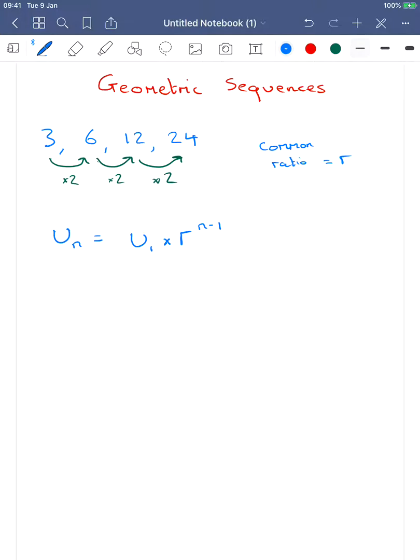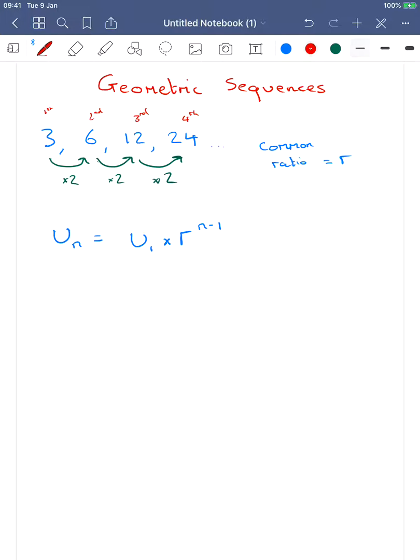That will get us straight to either our first term, second, third, or fourth, fifth, sixth, and so on. These obviously continue, and it could be any term that we target. So n would be the term it is. u1 in this instance is going to be the 3.